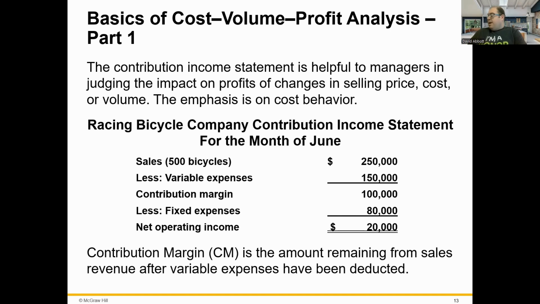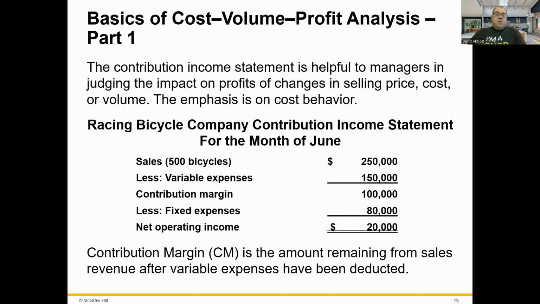For example, let's look at the hypothetical contribution format income statement for Racing Bicycle Company, or RBC. Notice that the emphasis is on cost behavior. Variable expenses are separate from fixed expenses. And also the contribution margin is defined as the amount remaining from sales revenue after the variable expenses have been deducted.